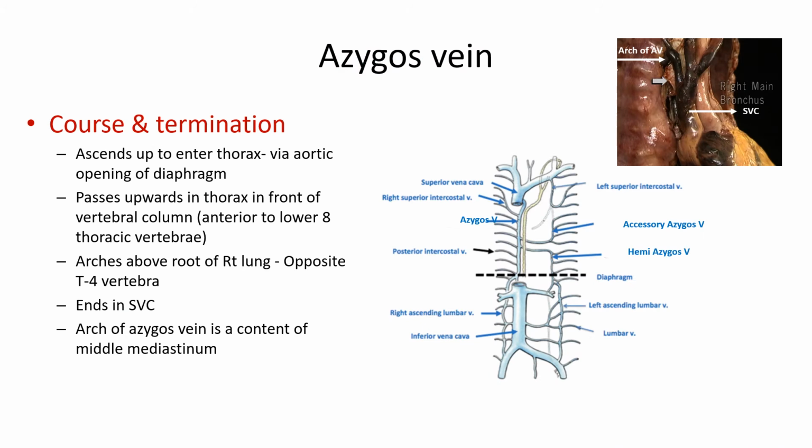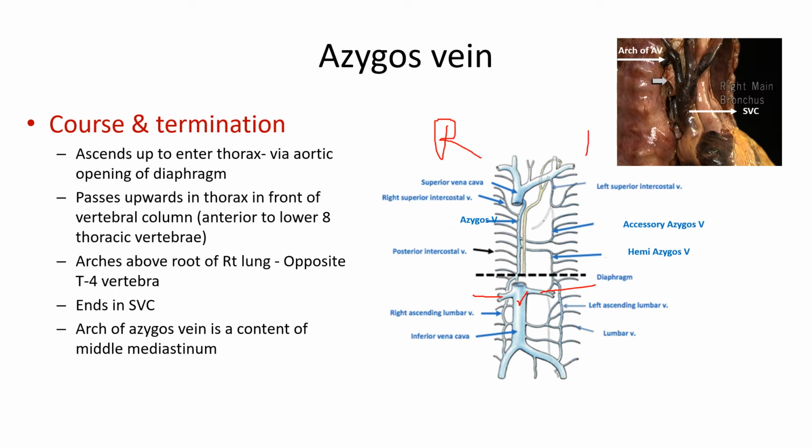Coming to the course and termination of the Azygos vein, you can see the Azygos vein in this picture starting from the inferior vena cava on its posterior aspect at the level of the renal veins. These are the renal veins, right and left renal veins. This is the right side you are seeing.